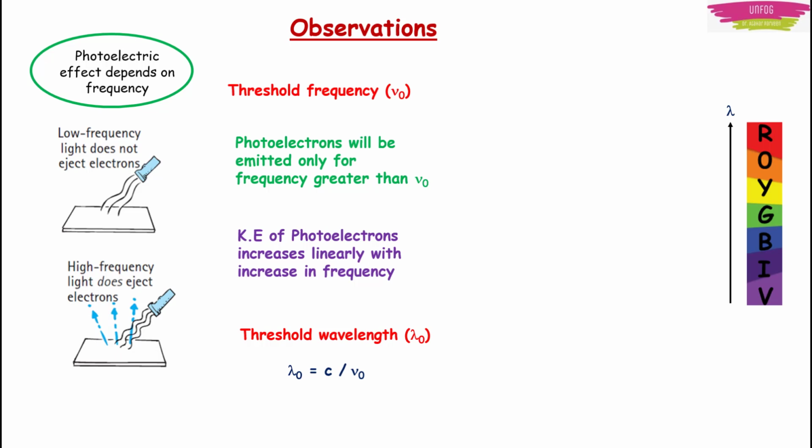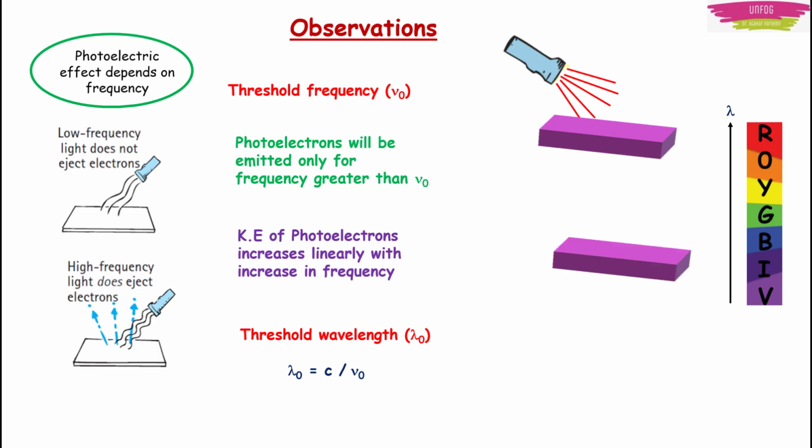See, for example, here I have a metal block and I am putting red light on it. Red light has high wavelength, low frequency, so no photoelectrons. Now if I incident a little bit lower wavelength light, maybe green, I will have photoelectrons because green has higher frequency.